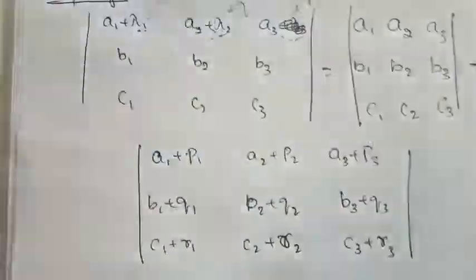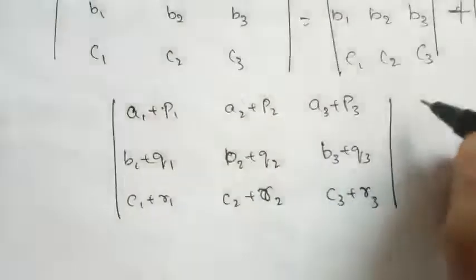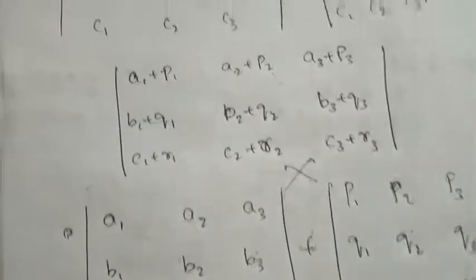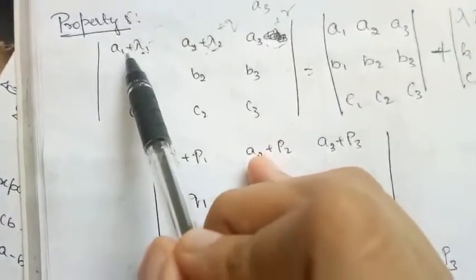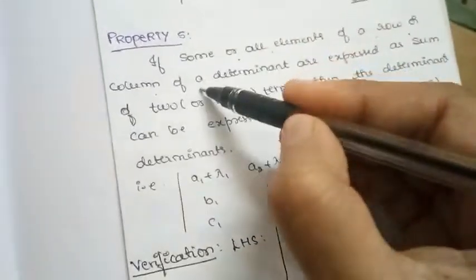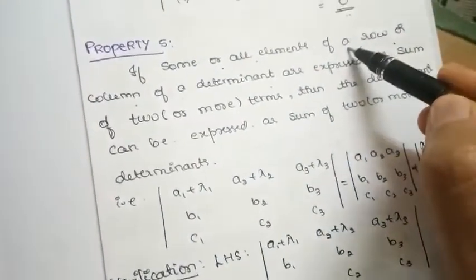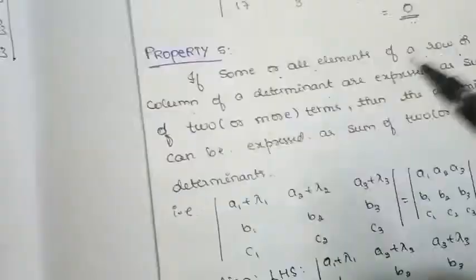Now suppose I consider this type of determinant, and you think this determinant can be expressed in this manner. Then it is wrong. They have said any element can be expressed as a sum of two or more elements in either a row or a column. That's why I have mentioned a row or a column of a determinant.